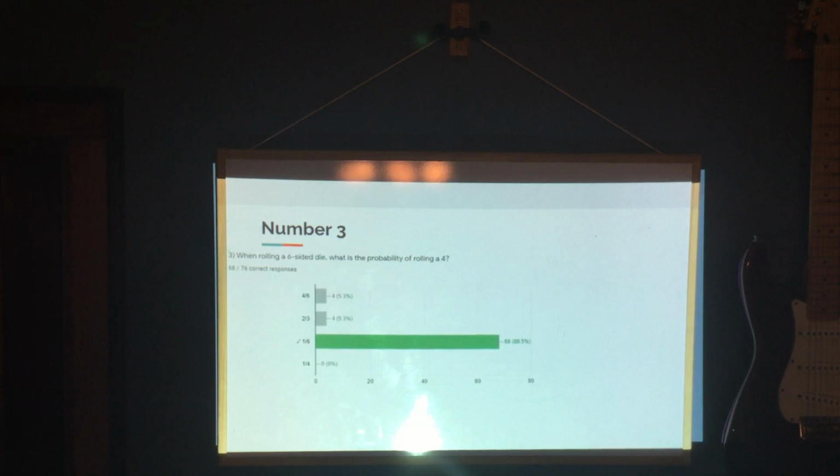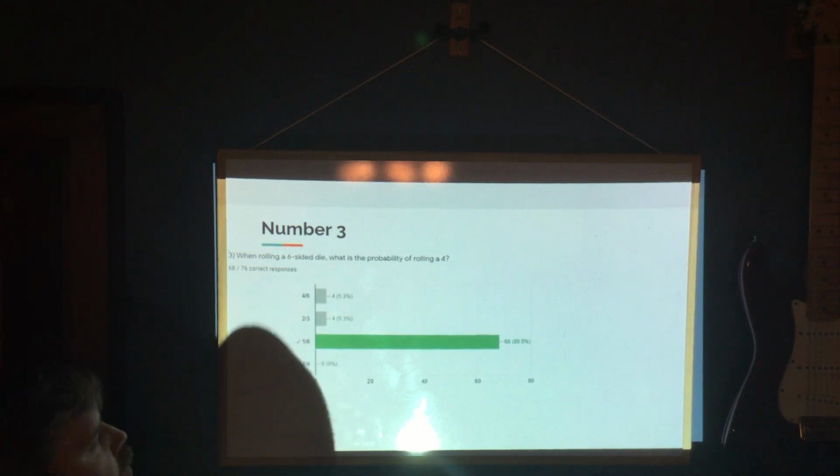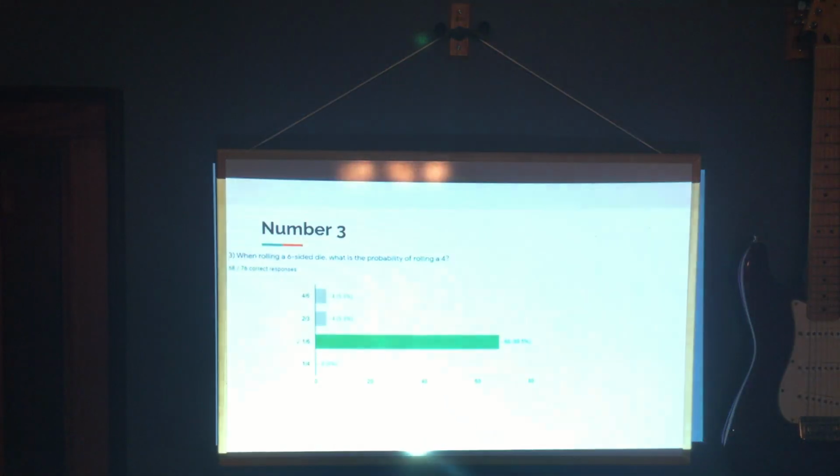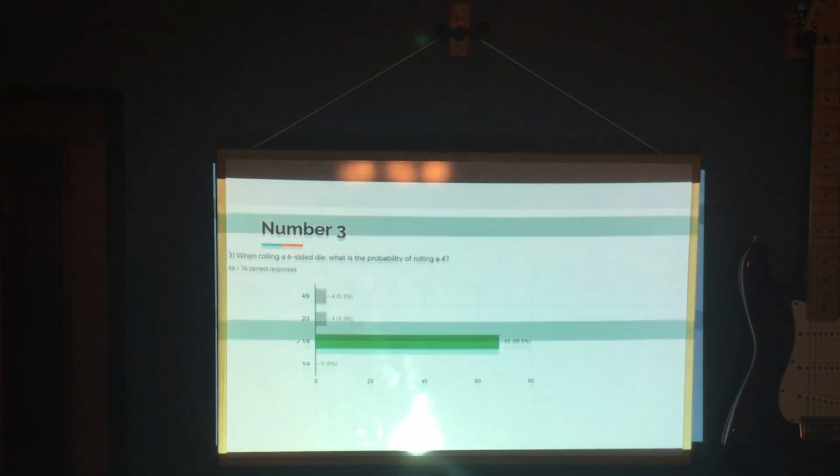Number 3, when rolling a six-sided die, what is the probability of rolling a 4? Well, there's only one 4 on a six-sided die, so your probability would be 1 out of 6. Everybody who missed this either put 4 out of 6, or they put 2/3, which is just the reduced version of 4 out of 6.